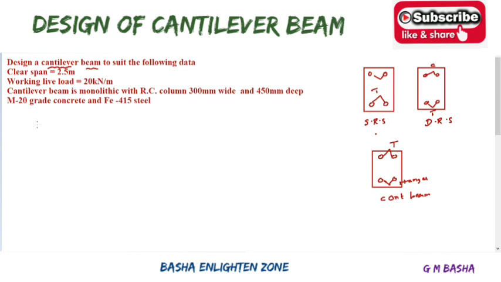And see the data given in the example. They have given a clear span of 2.5 meters, a working live load of 20 kilonewton per meter, and the cantilever beam is monolithic with the RC column.